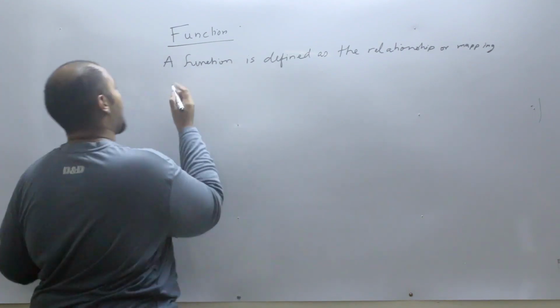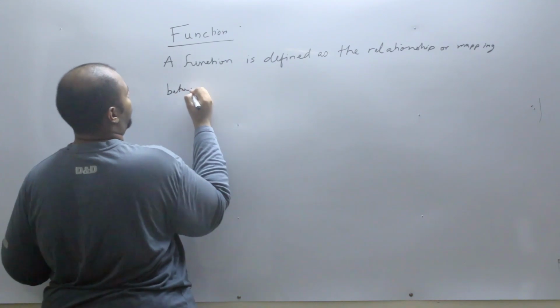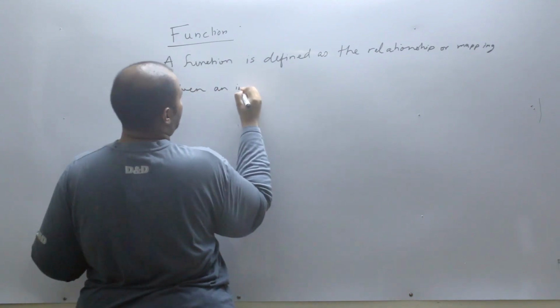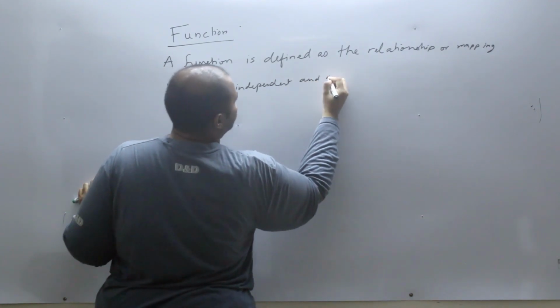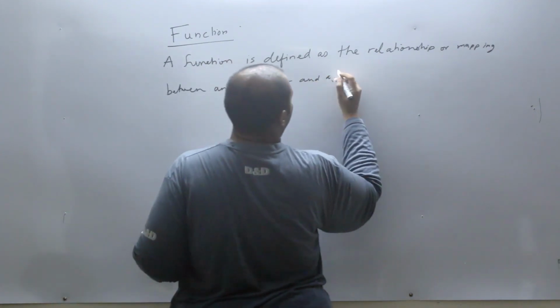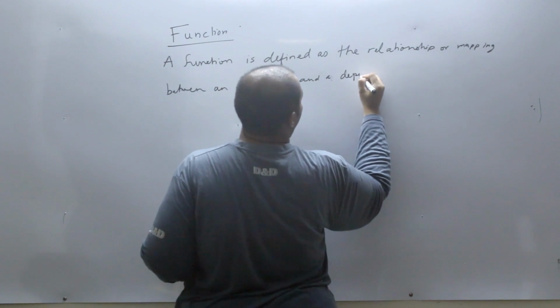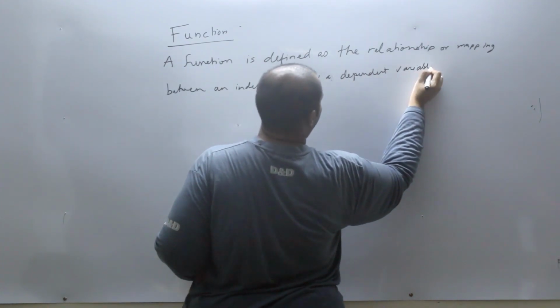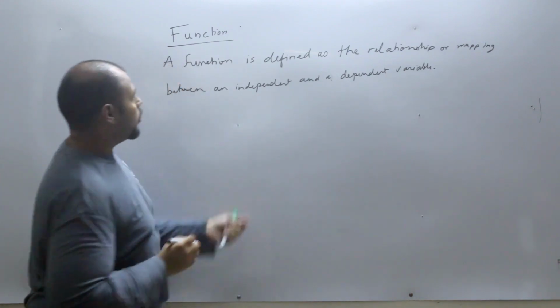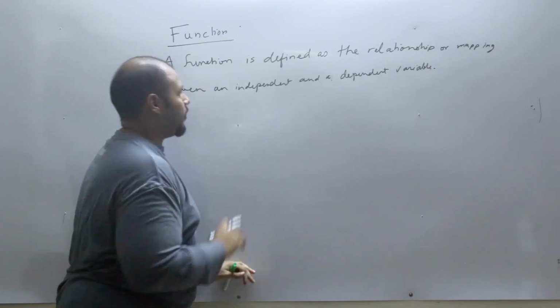Okay? So that's a function, the most important thing about a function: the independent and the dependent variable.